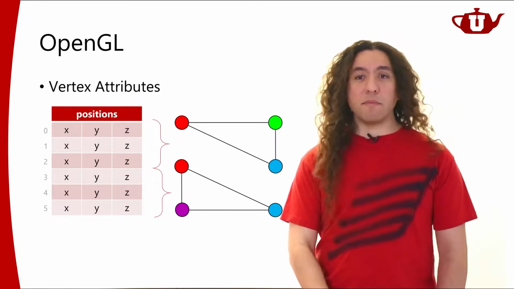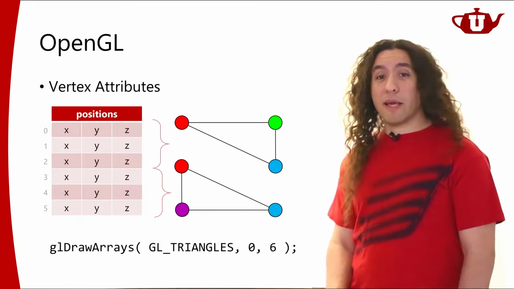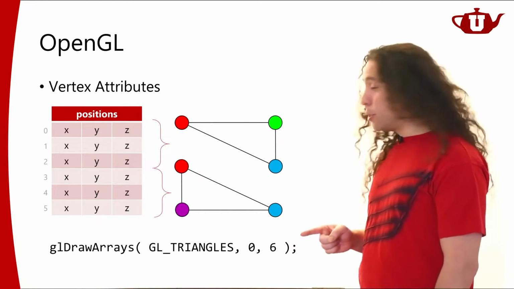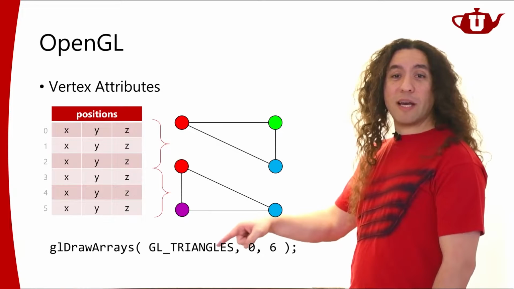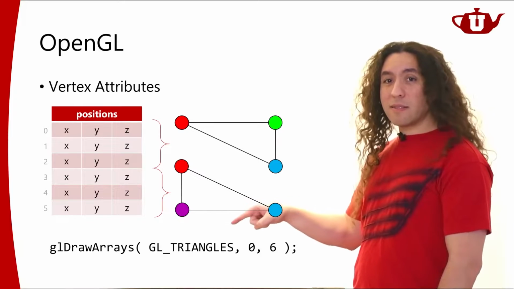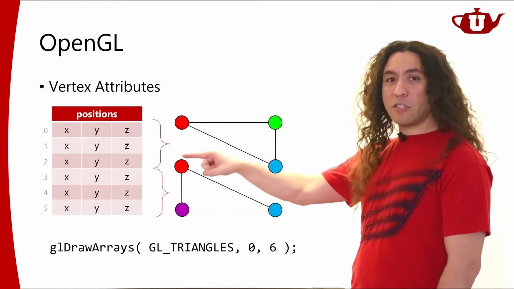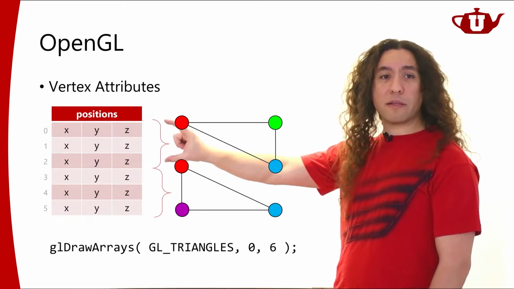And I can render them just like we rendered points using the same call with GL draw arrays, but instead of saying GL points, I'm just saying GL triangles. But this means specifically that each 3 vertices here will form a triangle.